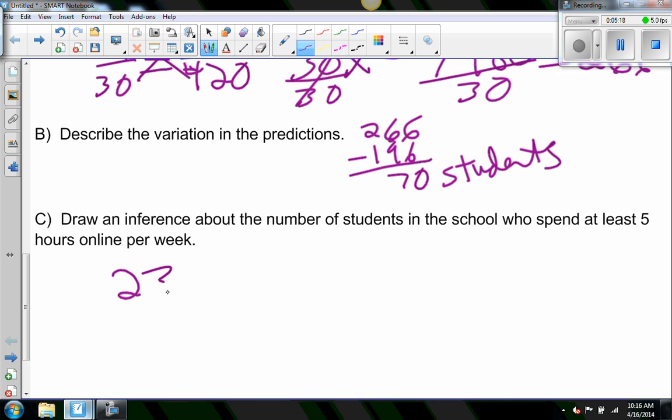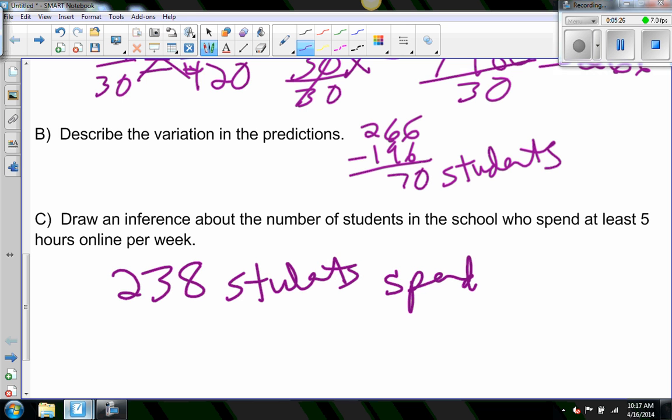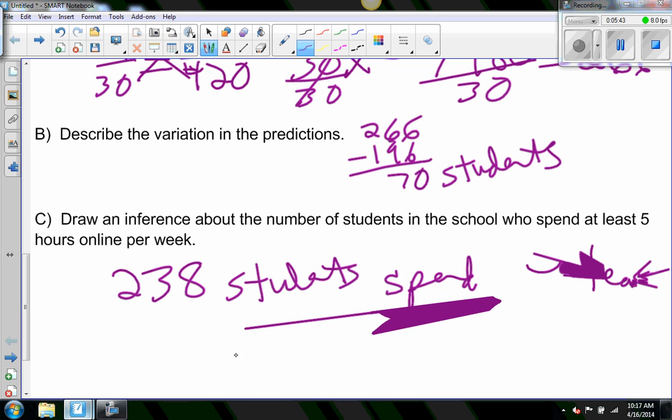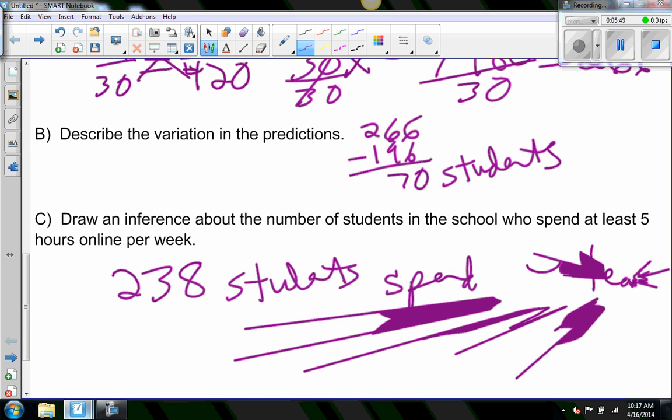So we're going to say about 238 students spend at least, and my computer has been going crazy, so I don't know what is going on here. 238 students spend greater than or equal to 5 hours. We're just going to have to pretend that you can read that because I can't figure out what's wrong with this computer. 238 students spend at least 5 hours per week online.